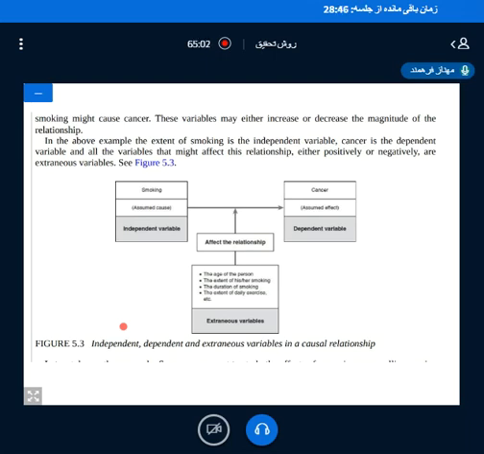These variables may either increase or decrease the magnitude of their relationship. In the above example, the extent of smoking is the independent variable that we have read, and cancer is the dependent variable, and all the variables that might affect this relationship either positively or negatively are extraneous variables.